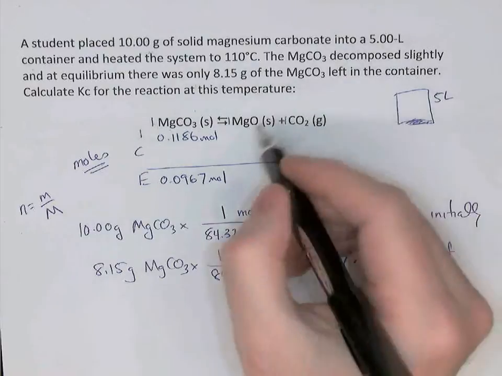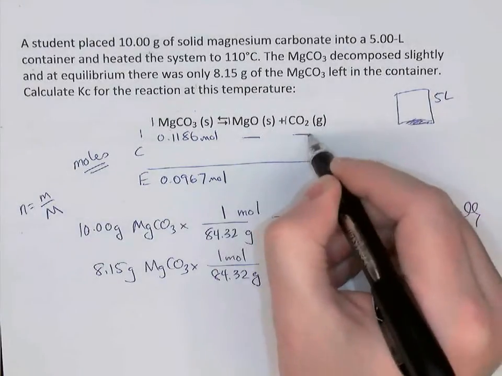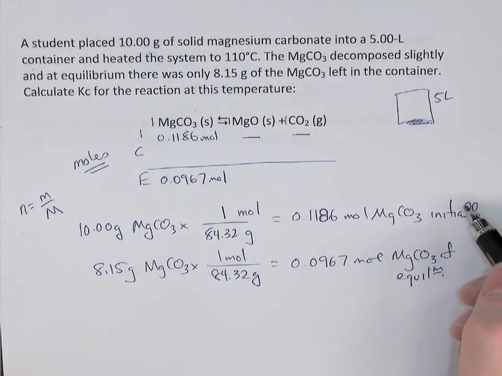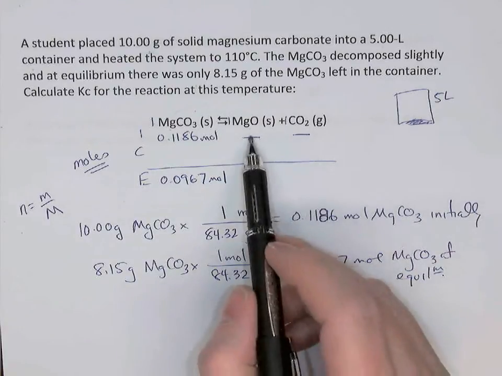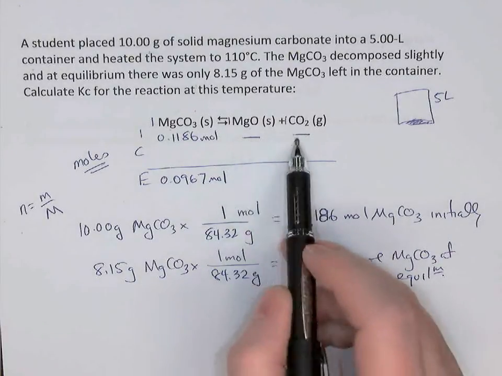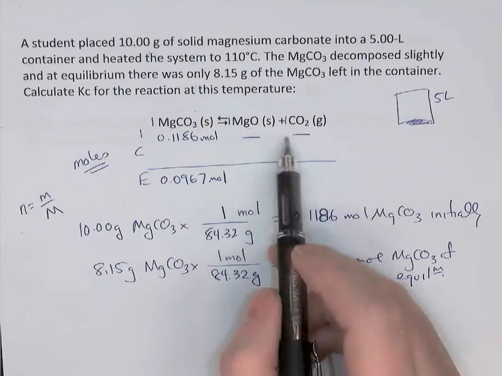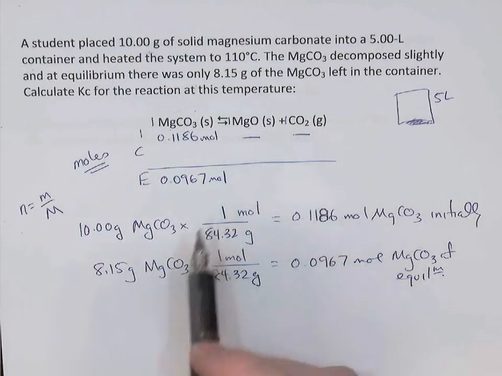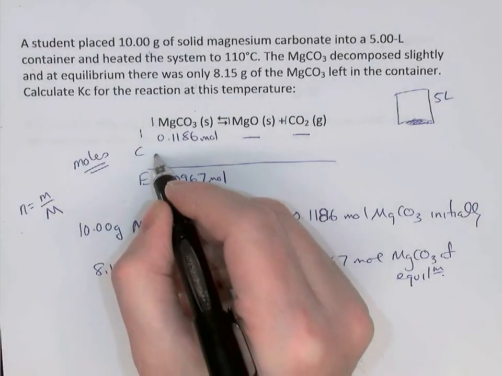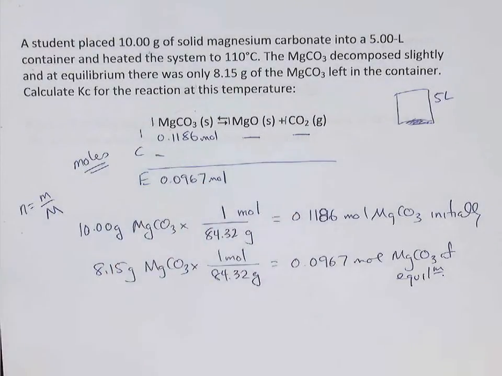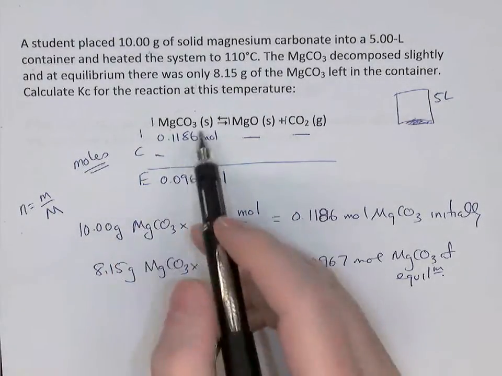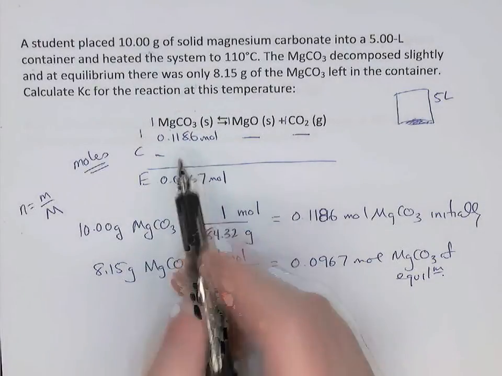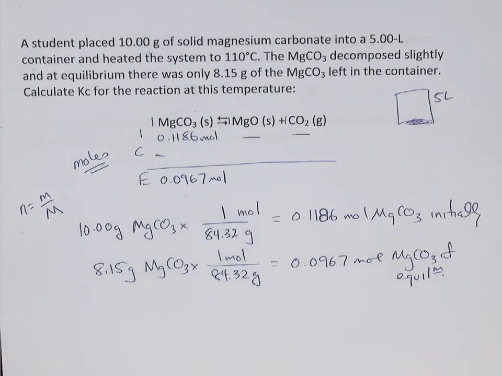Now, from the way the question read, the only thing placed initially in the container was the magnesium carbonate, so the MgO and the CO2 both start at 0. That's important because it means we actually do know what their amounts were. Now we can do what we've done in the past. We can figure out that the MgCO3 must have lost something since it began with 0.1186 and finished with 0.0967.